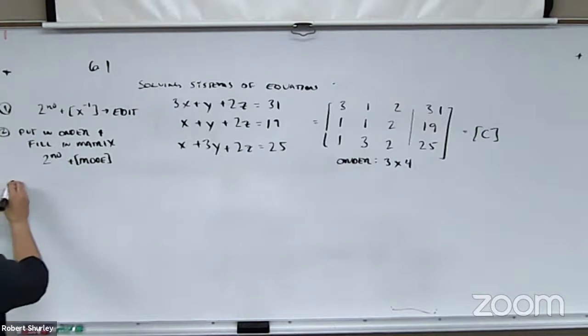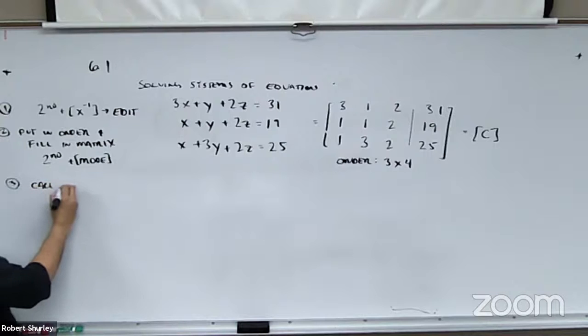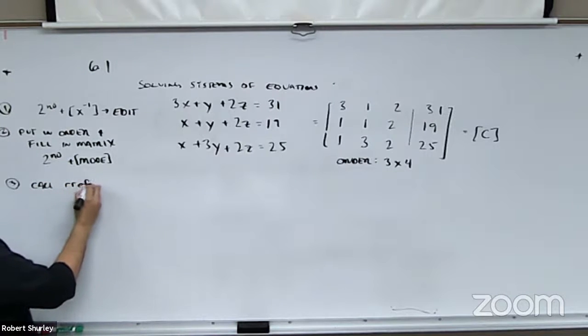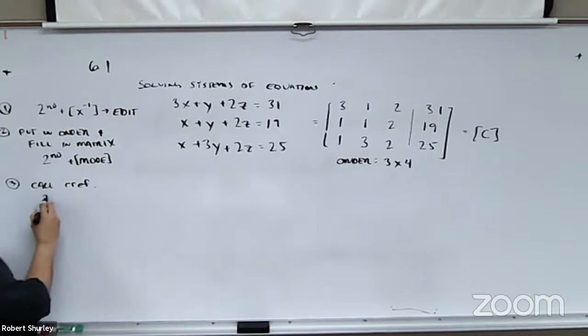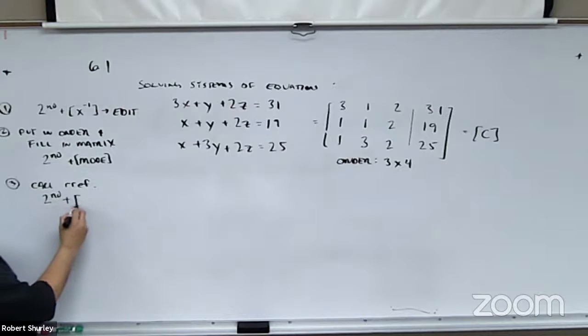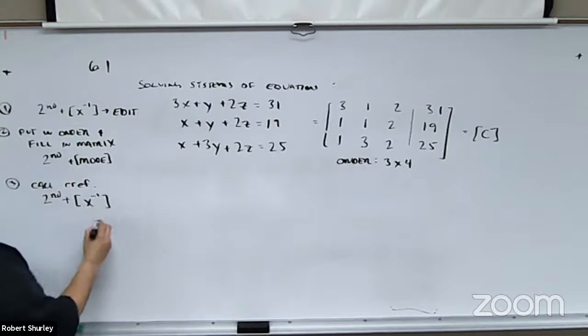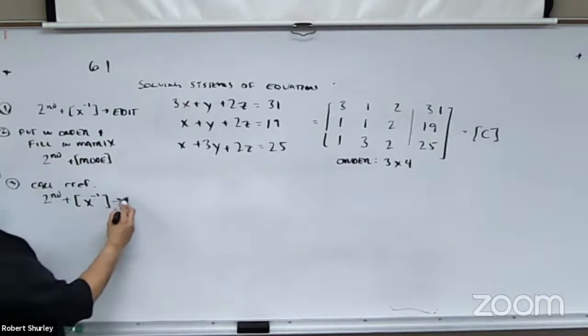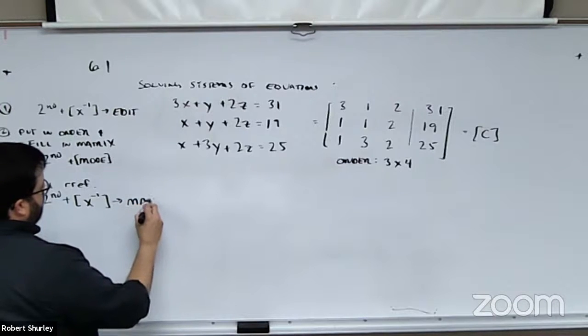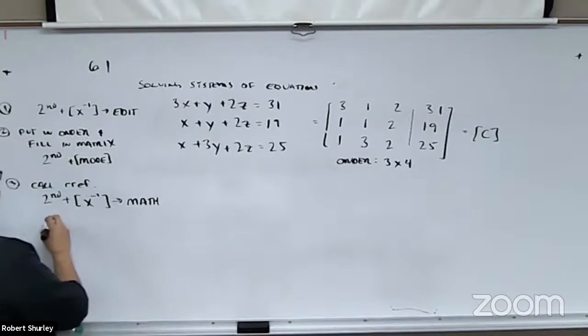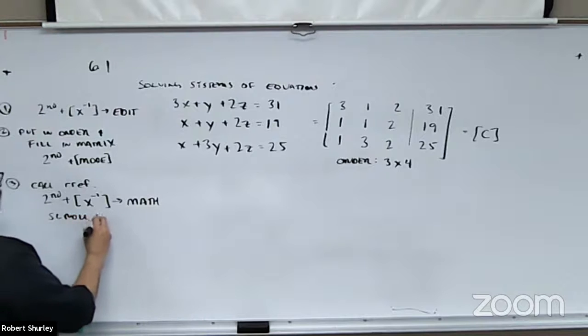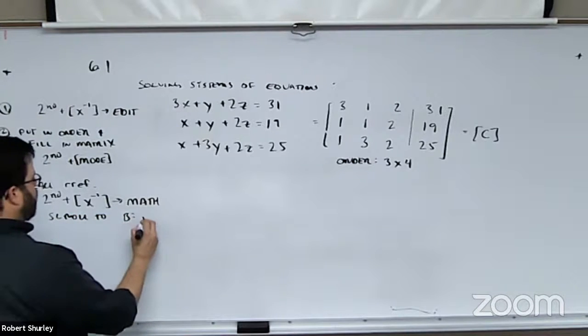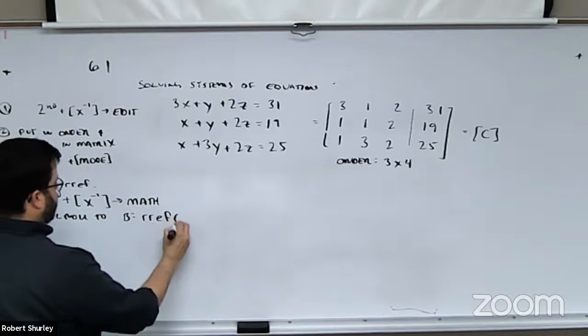And now we're going to call reduced row echelon form, right? And to do that, we're going to hit the second matrix button again. But then now we're going to go to math and then scroll down to B, reduced row echelon form, right?